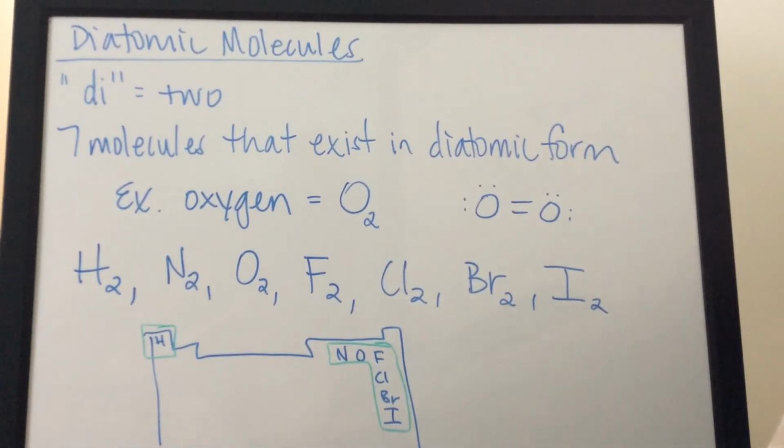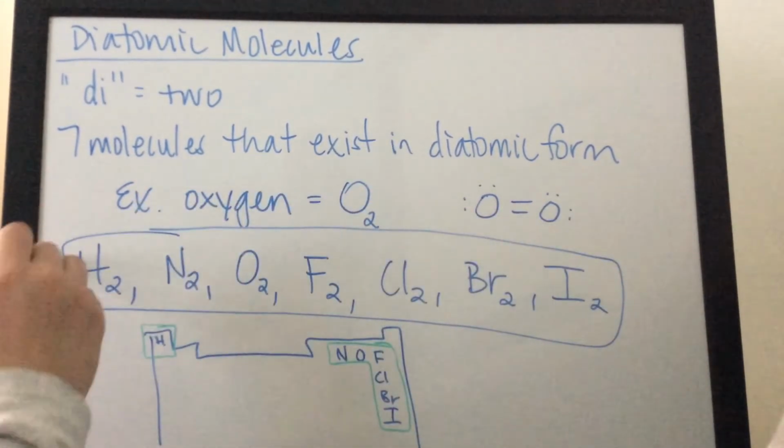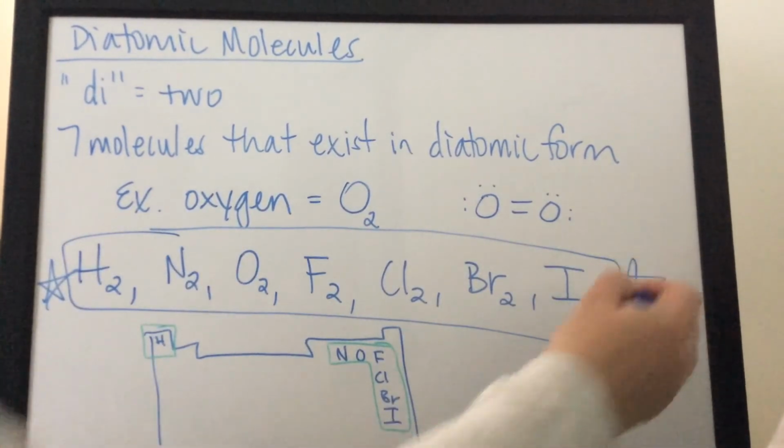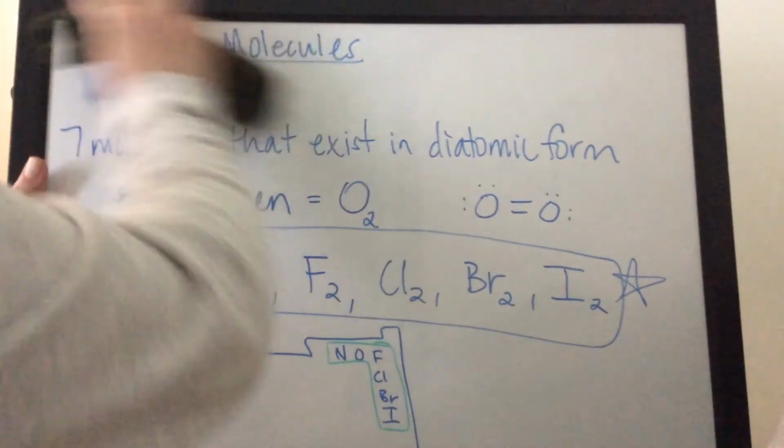Again, if you're reading something, which is going to happen in just a couple minutes, and it says hydrogen gas reacts with something, you might be inclined to say, oh, that's H. No, it's not. It's H2 because hydrogen is one of the diatomics. This is a very important list of the diatomic molecules that you must know, and there are 7 of them. It means they exist kind of in a double, so to speak.